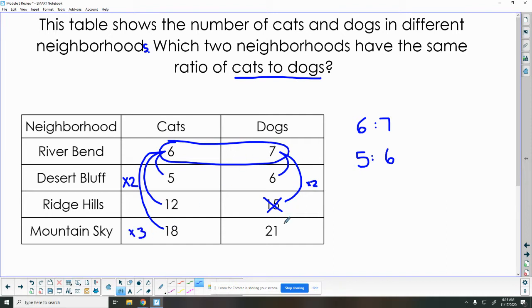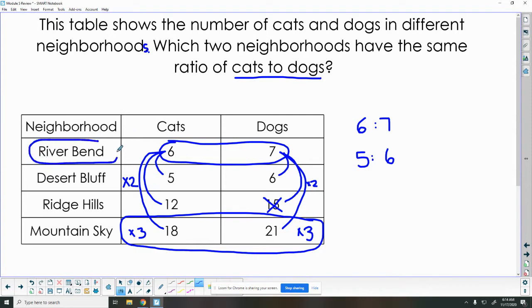So 7 times 3 should be 21, and these match up when I times them all by the same thing, times by 3, times by 3, or I can divide by 3, divide by 3. So Riverbend and Mountain Sky are the same.